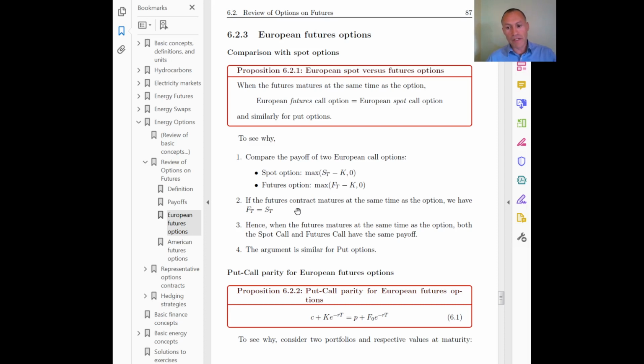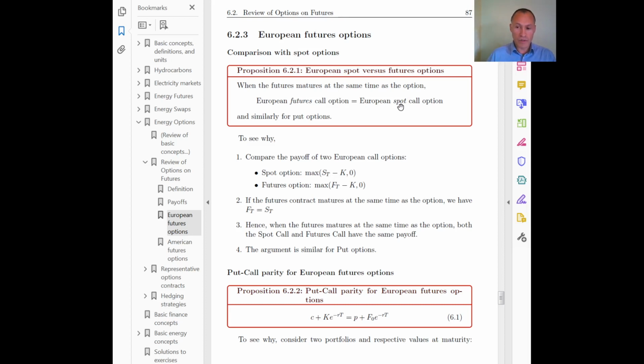But if the maturities are the same, then we know that the futures basis has to converge to 0. So the spot and the futures price at the maturity date of the futures have to be the same, right? So that's what you have here. What we're basically saying is that under these conditions, these two payoffs have to be the same. So again, a futures option and the spot option are exactly the same.